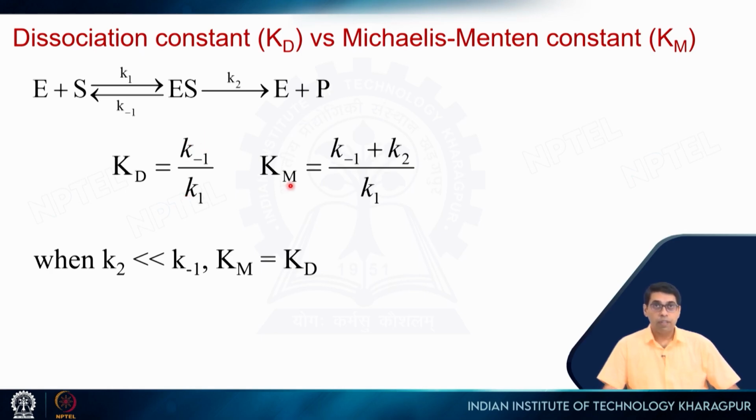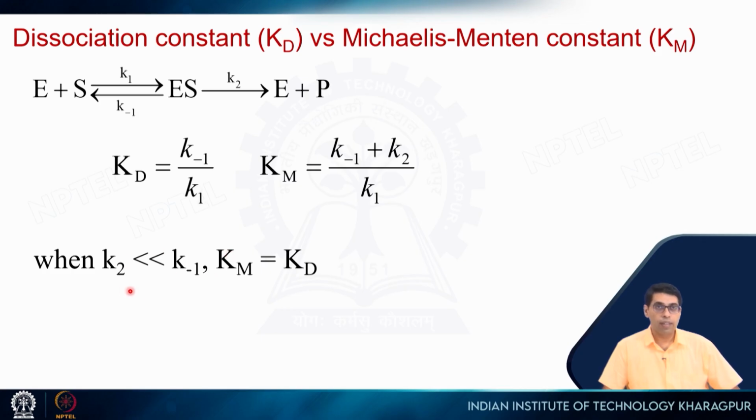Km is something that we have defined as this, K minus 1 plus K2 divided by K1. So if you consider this, then in case of Km, this is the extra term. Now, if for a particular enzyme K2 is much less than K minus 1, so we can ignore this term, then Km will be equal to K minus 1 by K1, which is Kd.